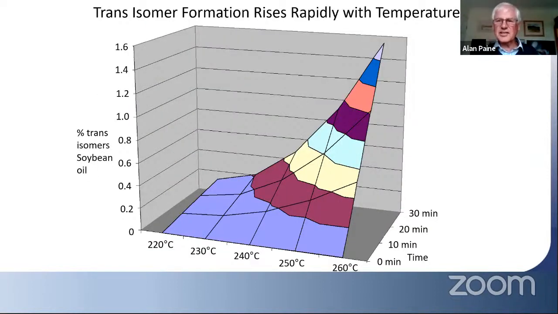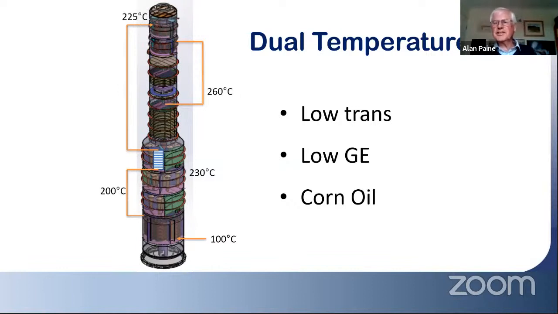The amount of trans isomers formed is approximately linear with time, but rises very steeply with temperature. But fortunately, this process is well understood, so we can use this knowledge to control the formation of trans very accurately. If you operate a deodorizer with a high temperature stripping column followed by cooling, it allows the fatty acid to be quickly and efficiently removed.